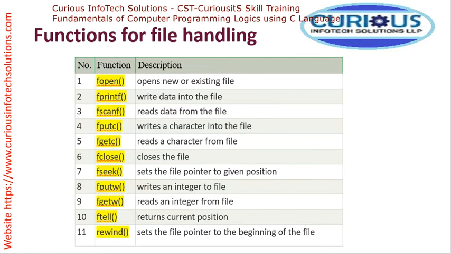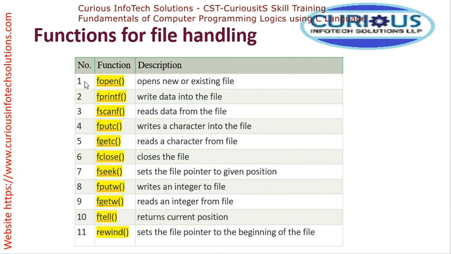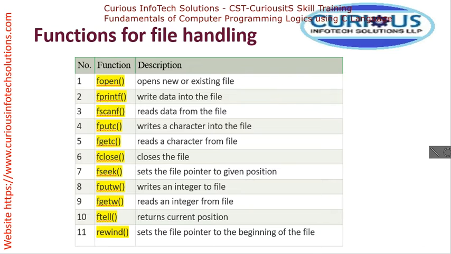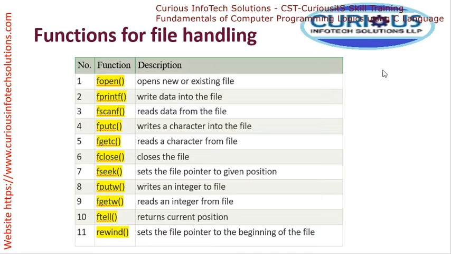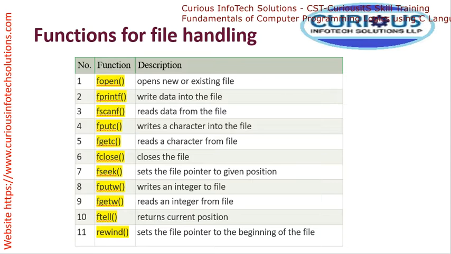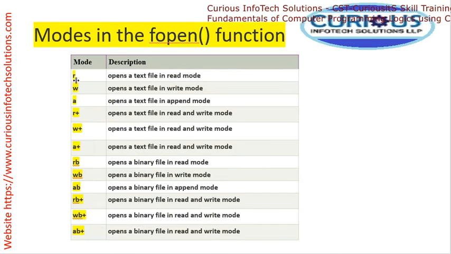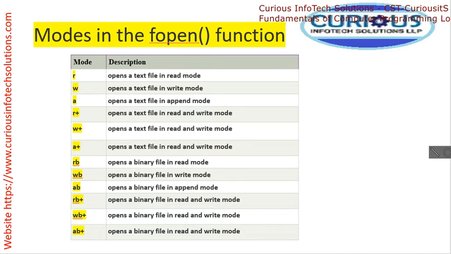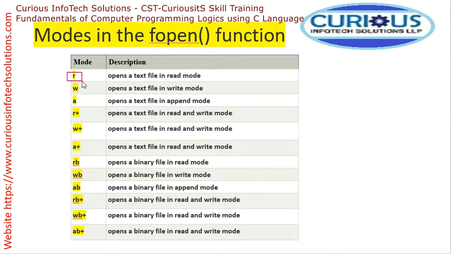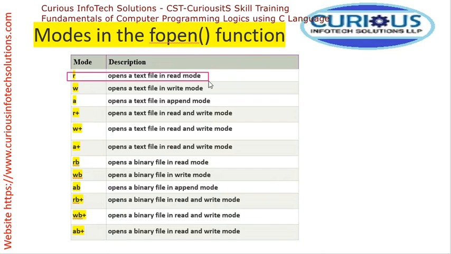Now we will see the modes available in the fopen function. In the next slide, we have these modes. First is r. It opens a text file in read mode.